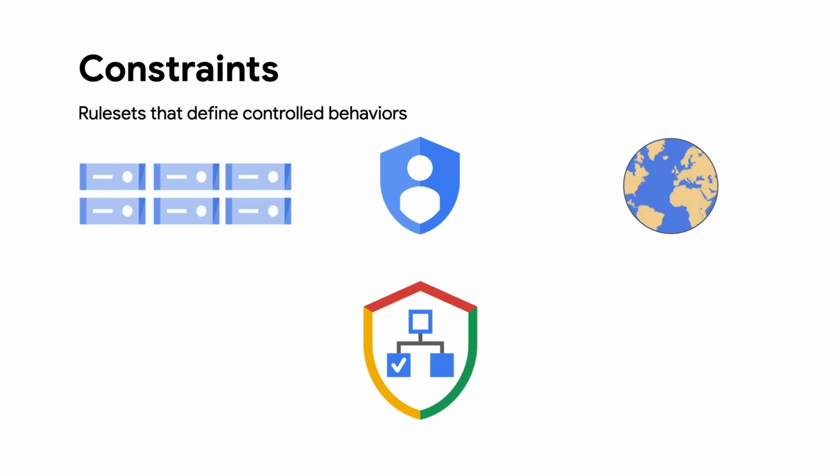For instance, you can limit resource sharing based on domain, limit the usage of identity and access management service accounts, and restrict the physical location of newly created resources. There are many more constraints that give you fine-grained control of your organization's resources. For more information, see the list of all Organization Policy Service constraints linked in the description below.